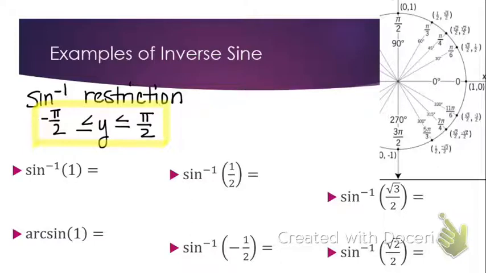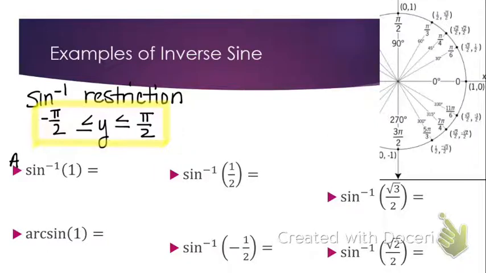So all of my answers are angles between negative pi over 2 and positive pi over 2. So take a moment, copy down your restriction, and I'm going to actually letter these instead of using bullets.